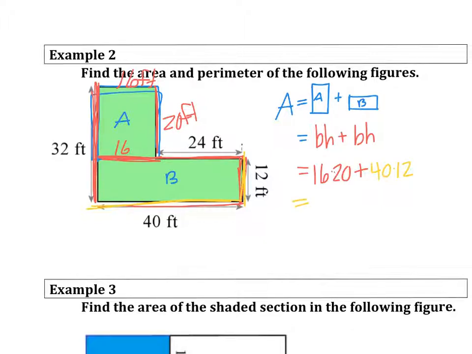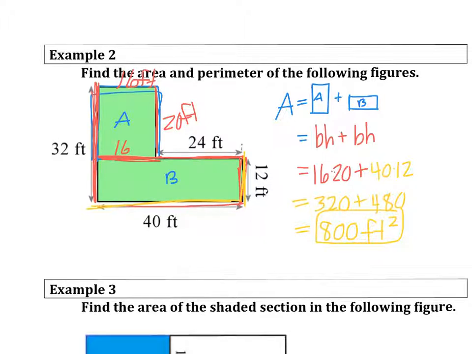So then I have 16 times 20, which is 320, plus 40 times 12, which is 480. And together, we have an area of 800 feet, and we're literally finding out how many square blocks, so 800 feet squared.